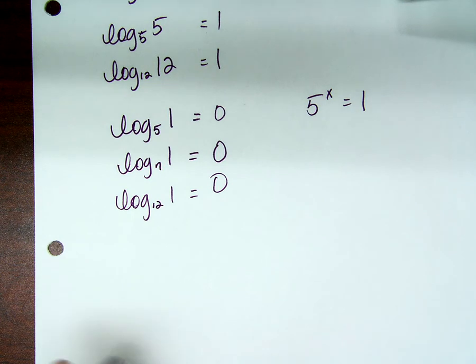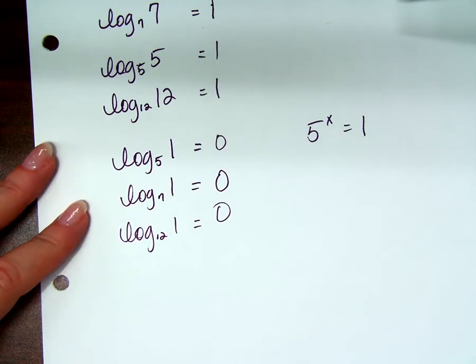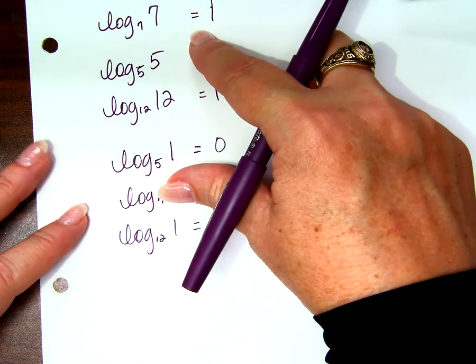There's also the inverse property of logarithms. When we're working on basic properties of logarithms, that's one of them. These are super basic properties.